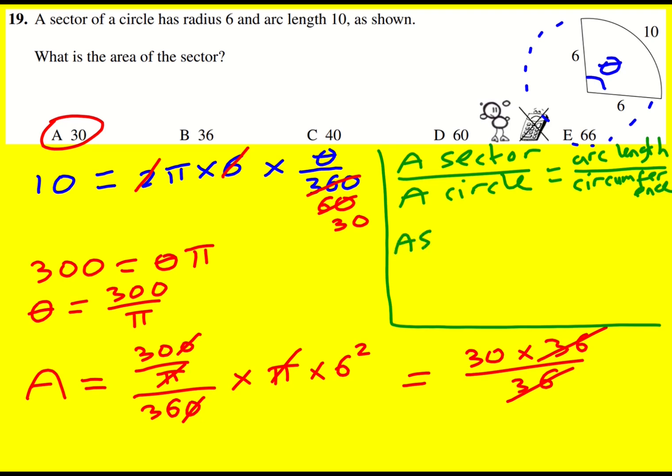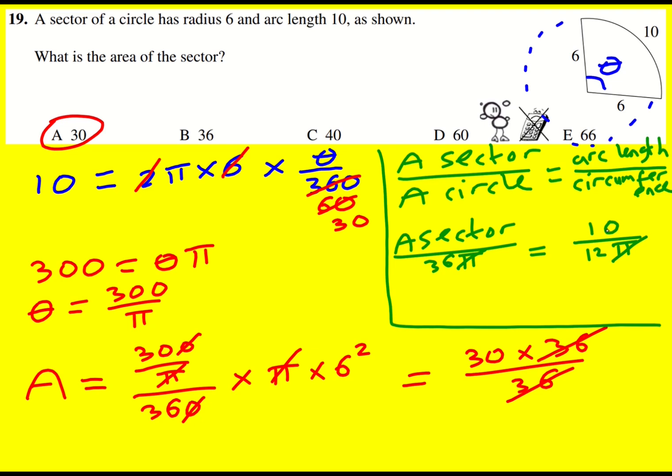And therefore the area of the sector divided by the area of the circle, which is going to be pi r squared, so pi times 6 squared, so 36 pi, will equal the arc length, which is 10, divided by the circumference, which is 2 pi r, or 12 pi. The pi's cancel.